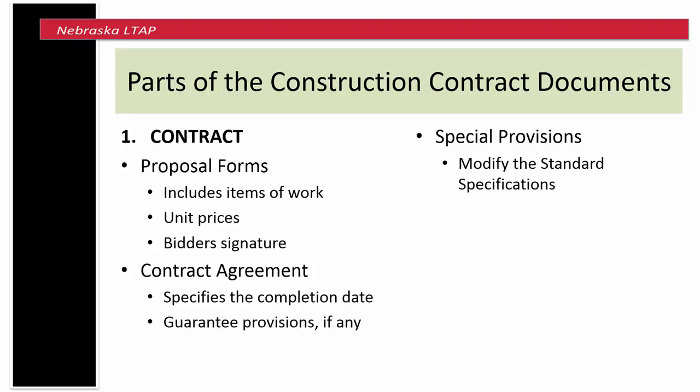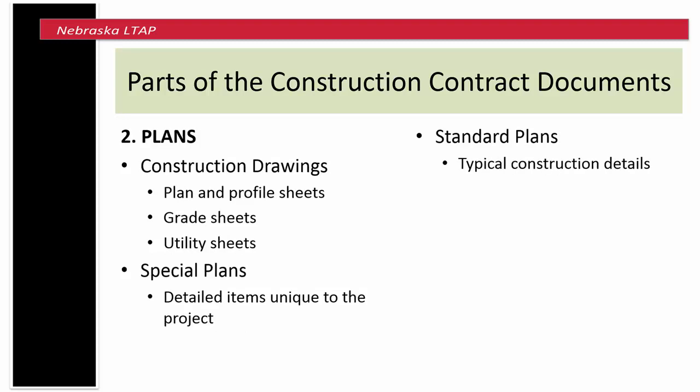We will begin with the parts of the construction contract documents. There are 3 main parts, starting with the contract. The contract is made up of the proposal forms, contract agreement, and special provisions. Second, the plans. The plans consist of the construction drawings, special plans, and standard plans.